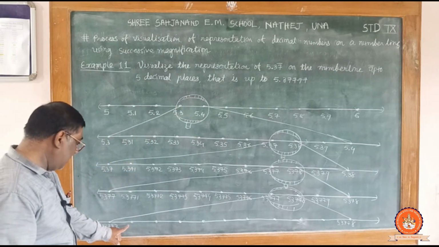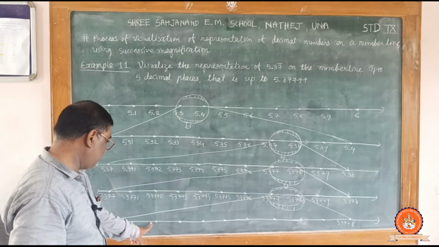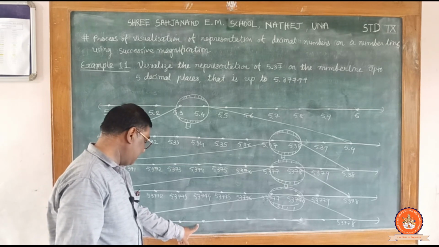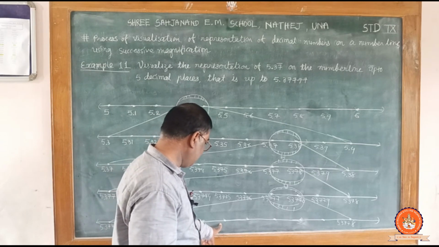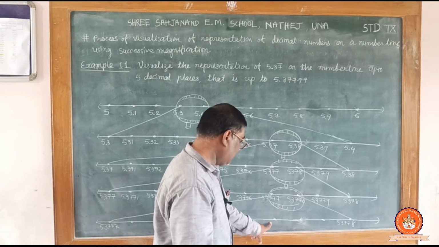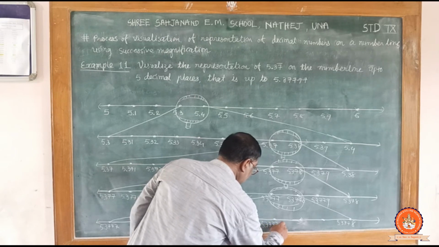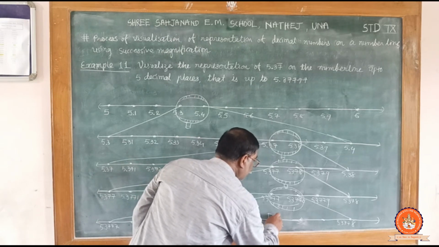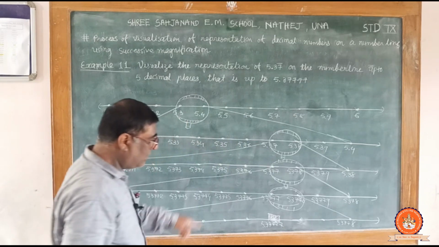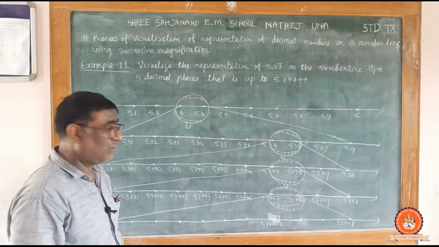Now these points will be labeled as 5.37771, 5.37772, 5.37773, 5.37774, 5.37775, 5.37776, 5.37777, and this is our number that we have to put a box around and highlight, that this particular number was required to be represented using successive magnification.